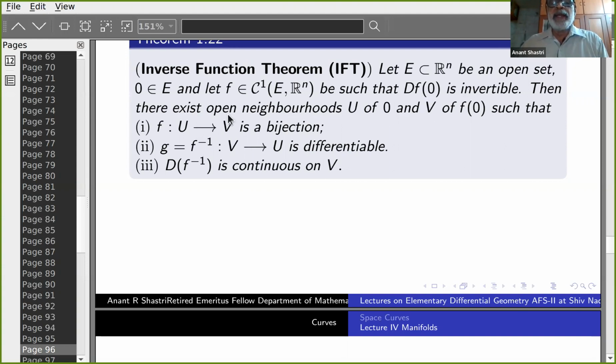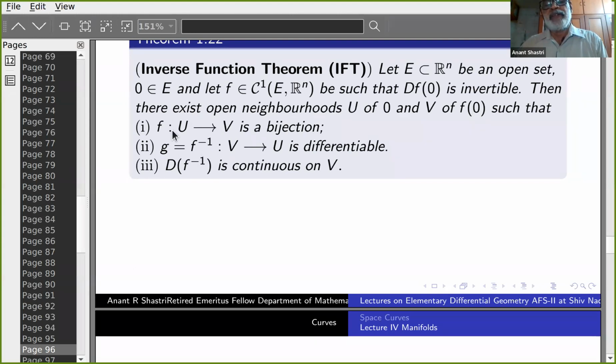Then there exist open neighborhoods U of 0 in the domain, and V of F(0) in the codomain, such that F, when you restrict it to U, goes into V, and that is a bijection. The statement says that both U and V are open neighborhoods of 0 and of F(0), and F becomes a bijection.